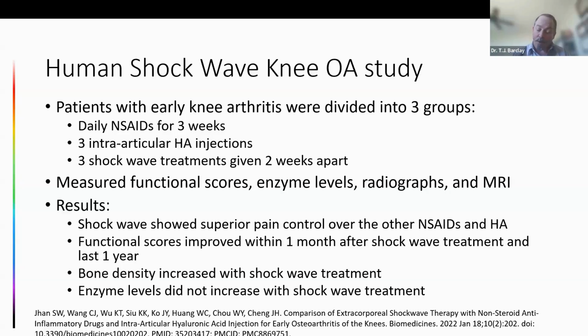So the functional scores in those patients were improved beginning at the 1 month mark and remained improved throughout the 12-month duration of the study. They also showed an increase in bone density in those shockwave treated patients, and notably their inflammatory enzyme levels did not increase as you would expect with a progression of OA.